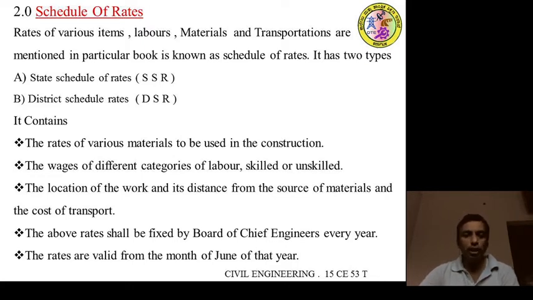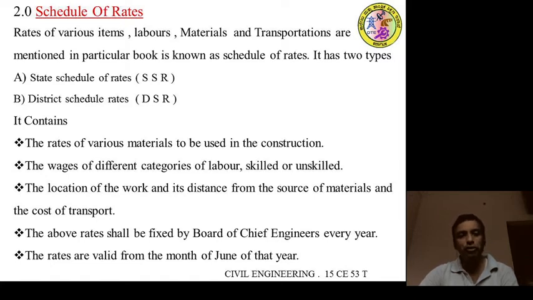Next, the details included in the schedule of rates are the rates of various materials to be used in the construction. For example, if it is cement, that rate will be mentioned in the schedule of rates. The wages of different categories of labor, skilled and unskilled.